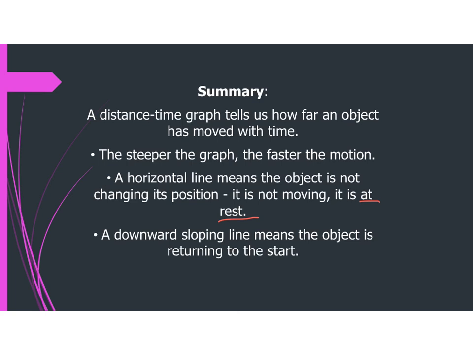What we mean by that is, instead of seeing something like this, meaning that it's increasing, you'll see something like this. So it's just going down. You're starting at a distance, and as time passes, you're at a smaller and smaller distance.